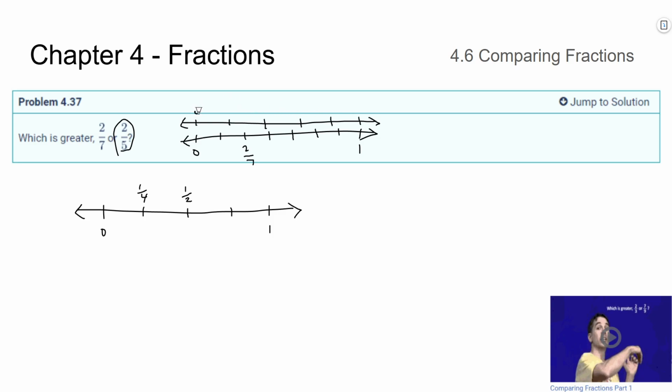Now, this is again 0, this is 1. So 2/5 is right here. So not perfectly to scale, but I got the general idea: if you have fewer pieces that you break it up into, then each of those pieces is bigger. So the 2/5 is going to be bigger than the 2/7.